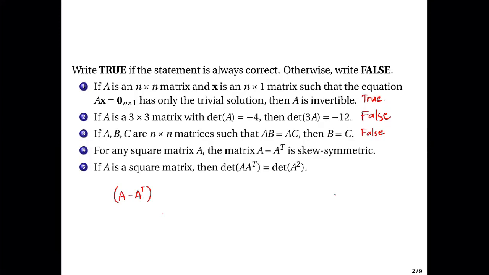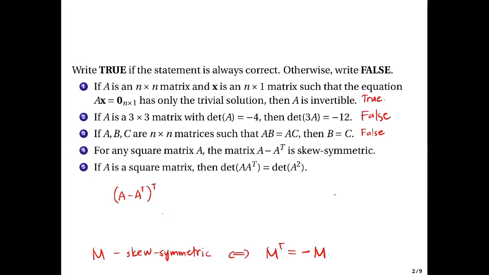What do we need to show for skew symmetric matrices? M is skew symmetric if and only if M transpose is -M. So we need to show this. Meaning, we have A minus A transpose, we need to get the transpose of that and show that this is equal to negative of A minus A transpose.